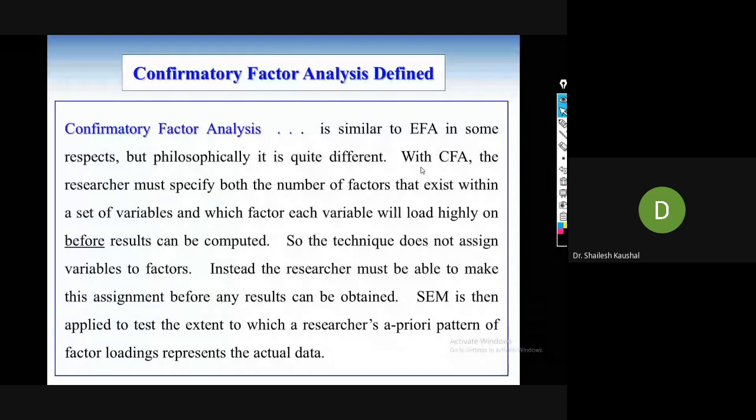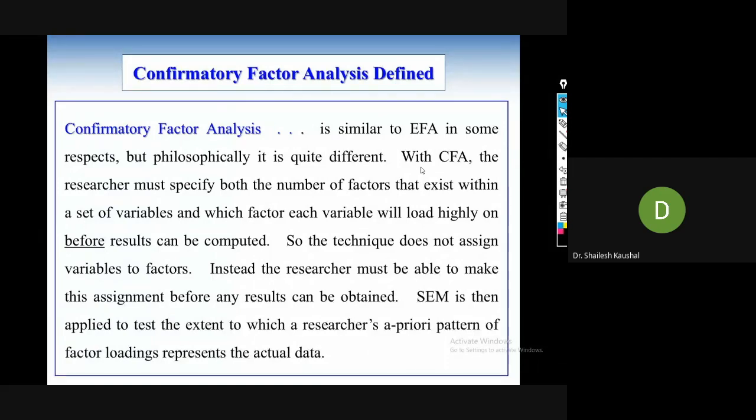With CFA, please keep in mind, the researcher must specify both the number of factors that exist within a set of variables and which factor each variable will load highly on before results can be computed. What does that mean?